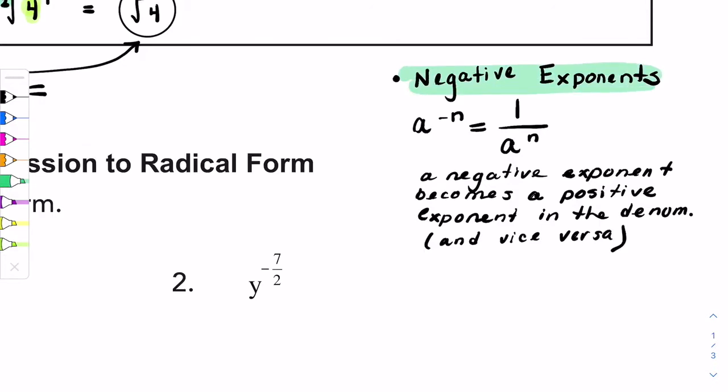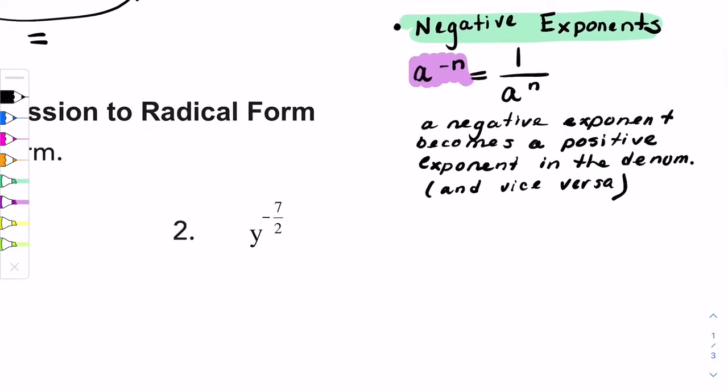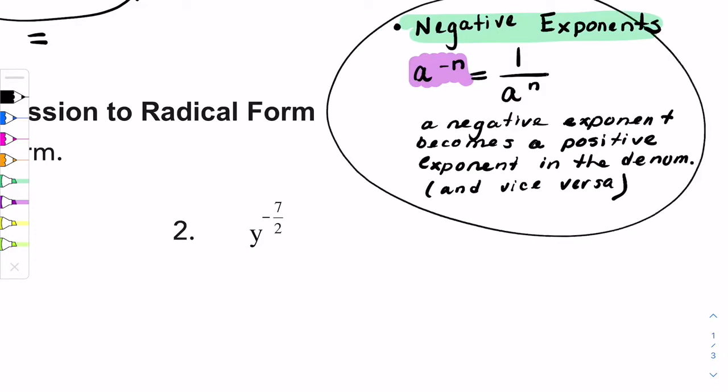Okay, so my note says that negative exponents become a positive exponent in the denominator. So check out this example here. I have a to the power of negative n, and all I did was rewrite this as 1 over a to the power of positive n. So it just moves to the denominator and becomes a positive exponent. This is important. We use it a lot in this lesson.